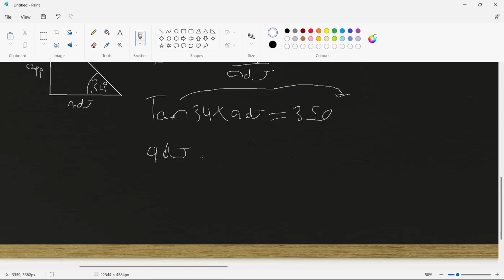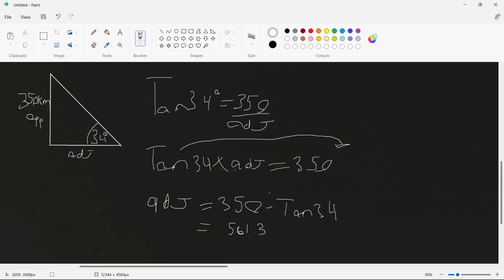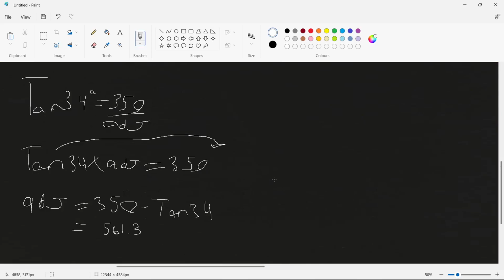Edge equals 350 divided by tan 34. And that is the formula. Now we're going to calculate this, and it's going to equal 561.3. Cool.